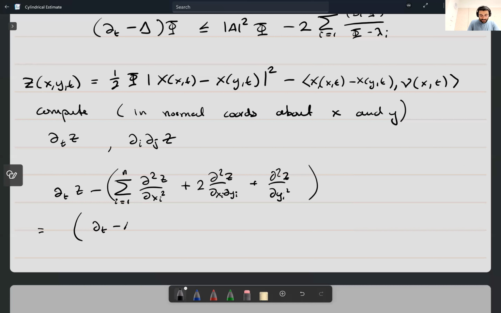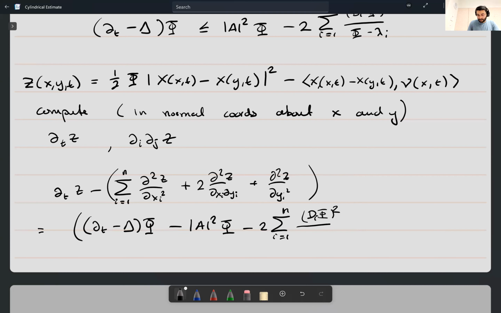You get partial t minus Laplacian of phi minus |A|^2 phi minus 2 sum over i equals 1 to n, times this quantity.